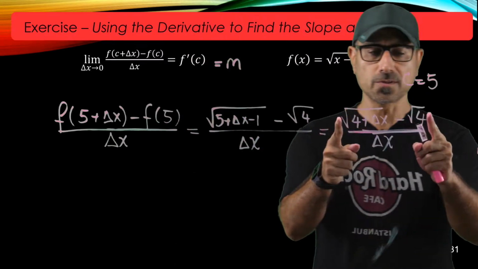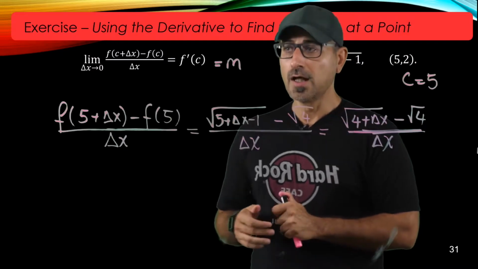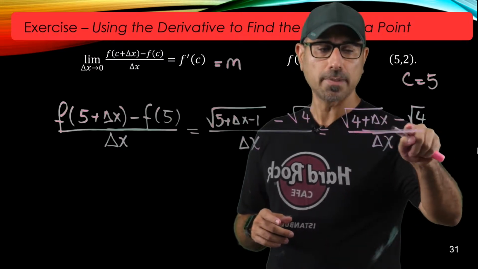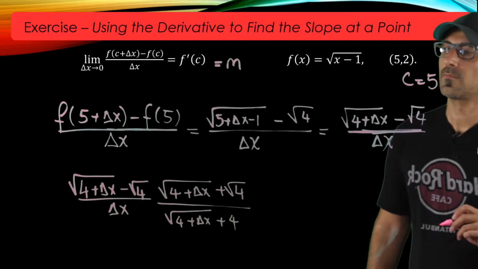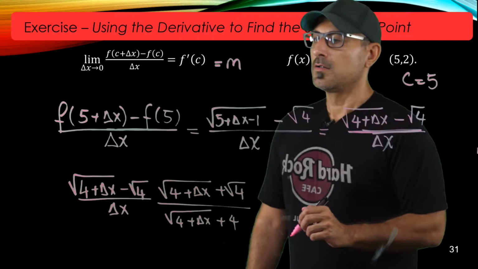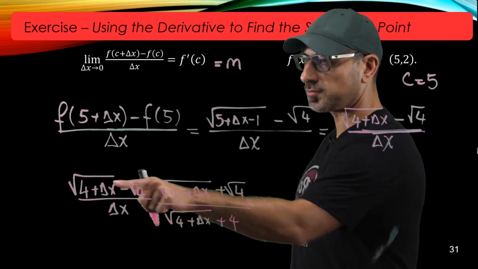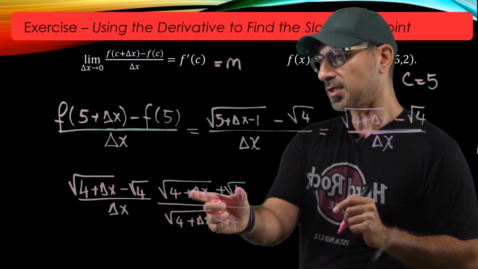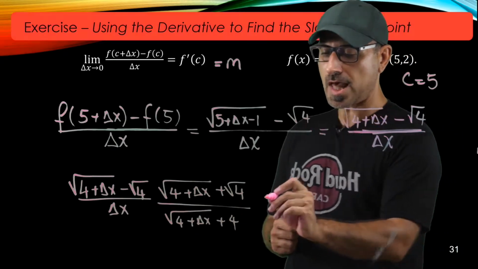Essentially, if we have the difference of two terms at the top, especially that involves radical expression, we generally multiply the top and the bottom by the conjugate of this expression. So let me just write it here. So the conjugate of this expression is the plus version of the top expression. So it's the difference of two terms, so it becomes the sum of these two terms. So we multiply top and the bottom by that.